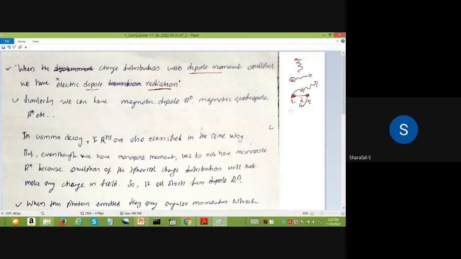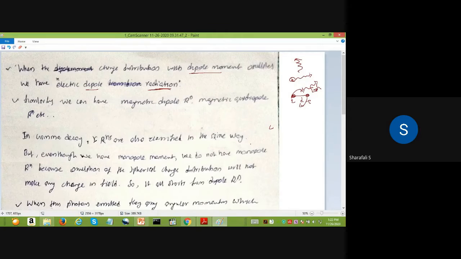If you have a quadrupole or any other multipole, we will also have this kind of electromagnetic radiation with oscillation of those charges. These are the basics of electromagnetic radiation for X-rays as well as gamma rays.